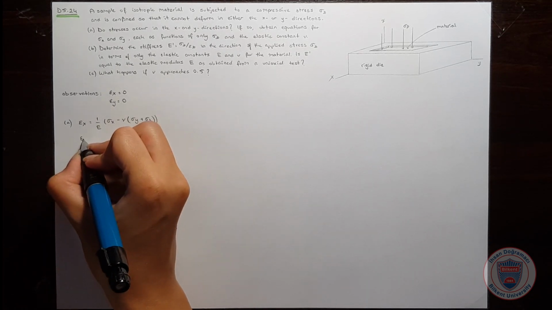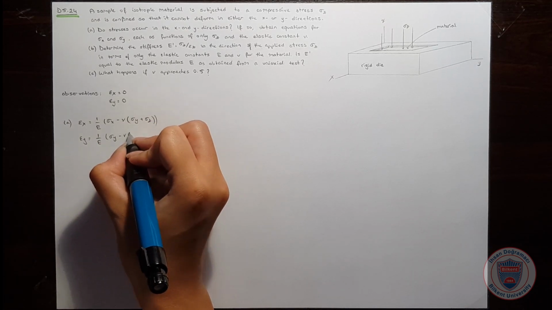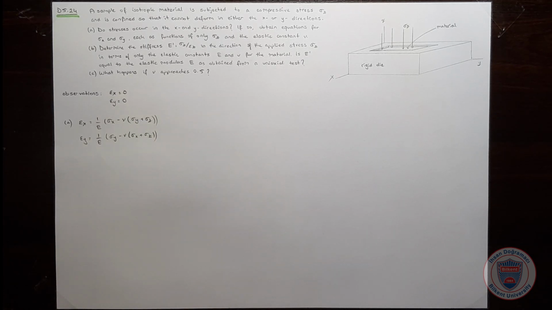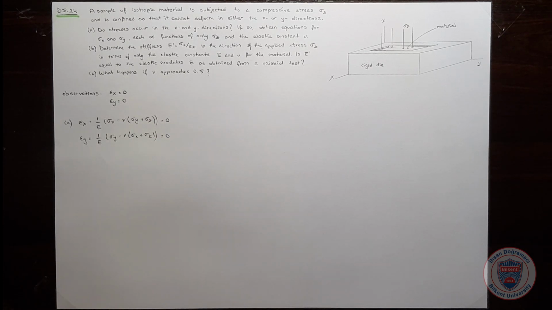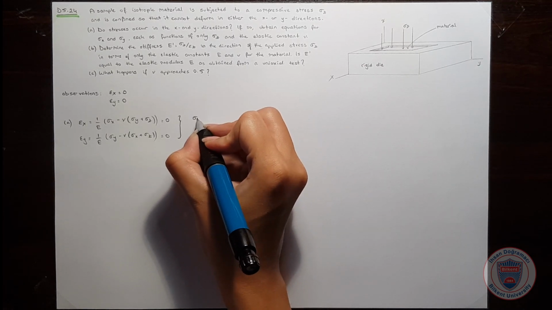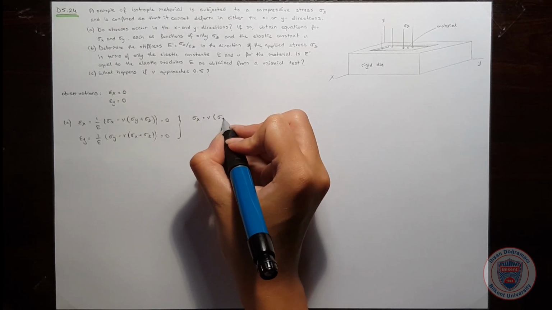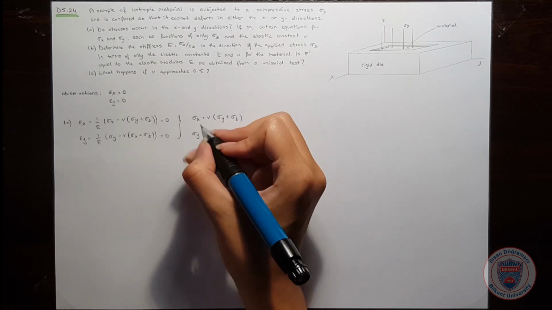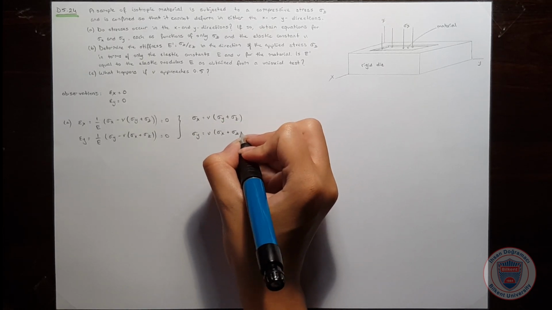And similarly, epsilon y is, and they are both equal to 0. This gives us sigma x is equal to Poisson's ratio times sigma y plus sigma z, and sigma y is equal to Poisson's ratio times sigma x plus sigma z.